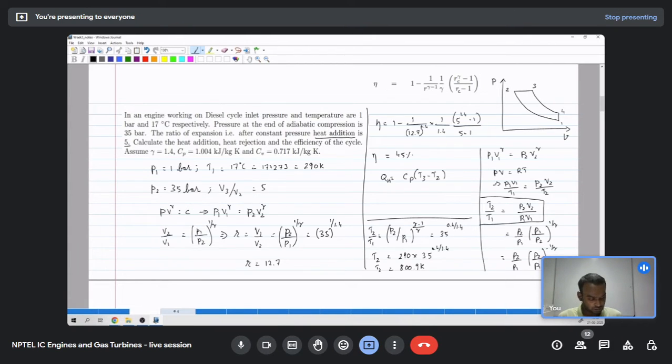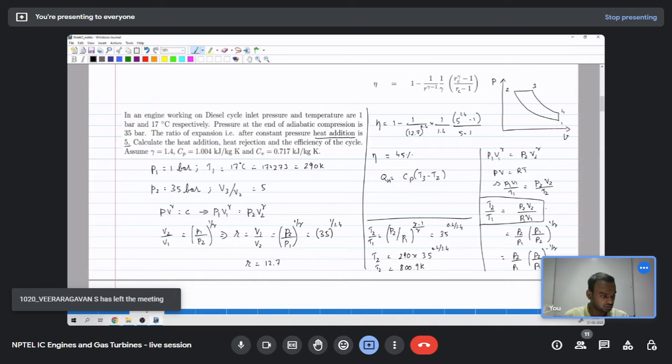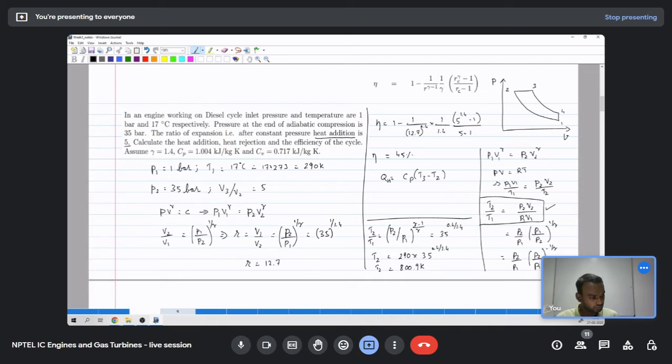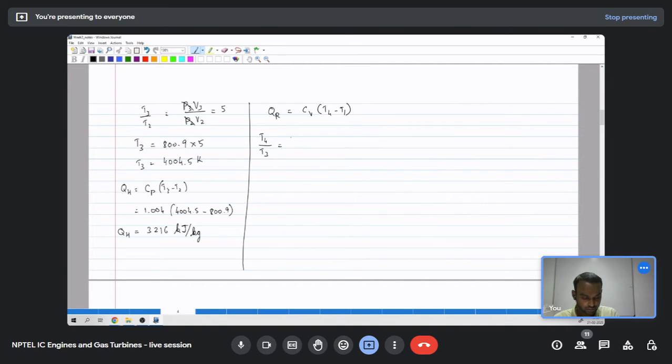So we know the temperature at 3. Now for the temperature at 4 we will make use of this relation. We had T4 by T3 is equal to P4 V4 by P3 V3.